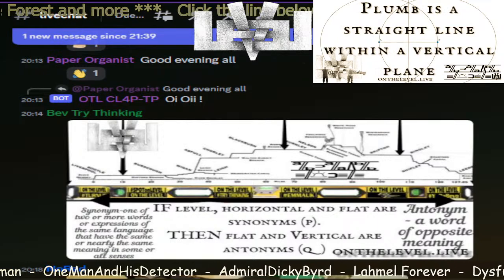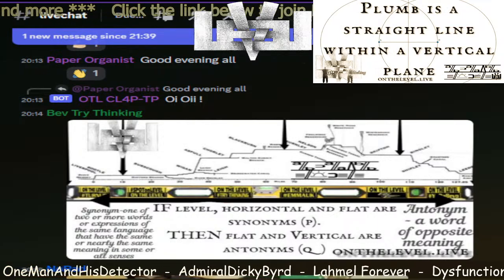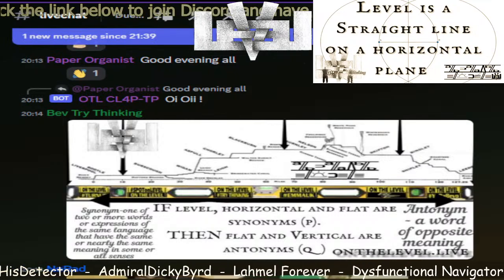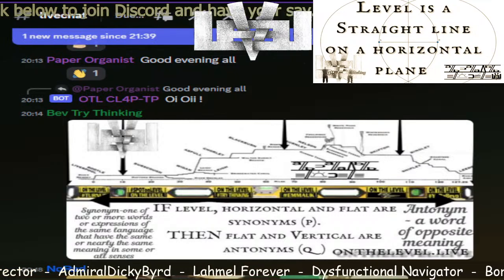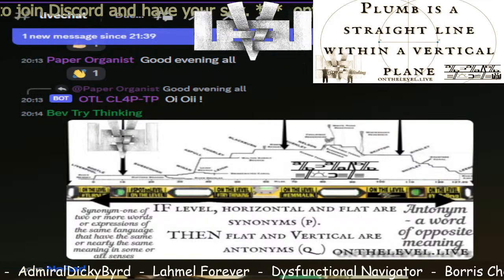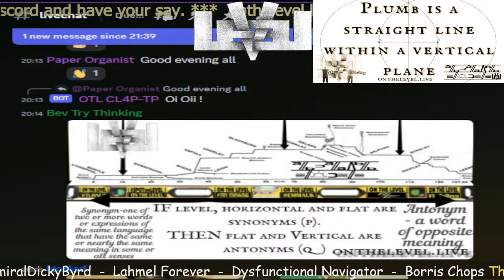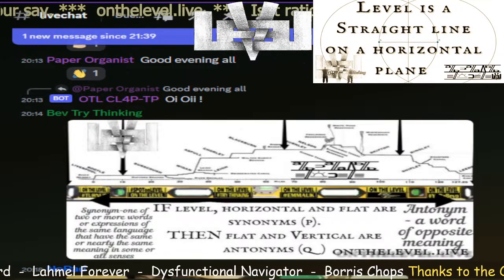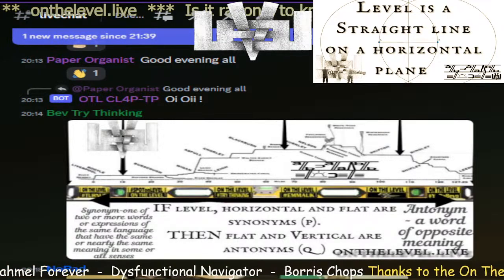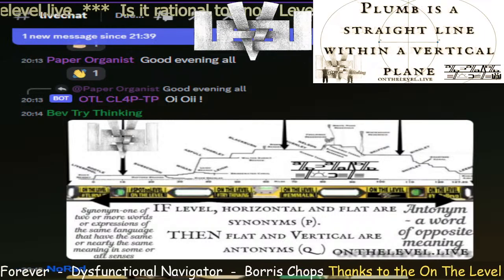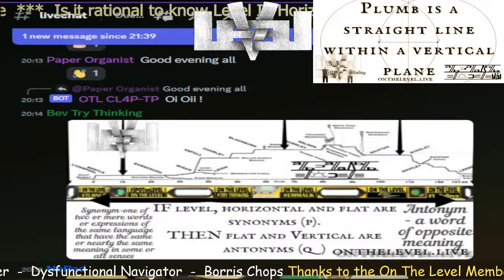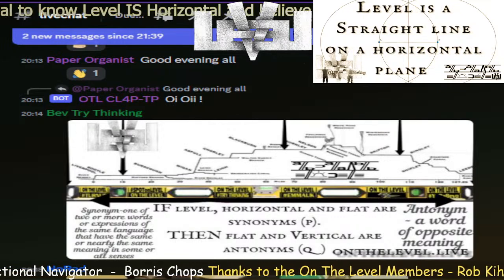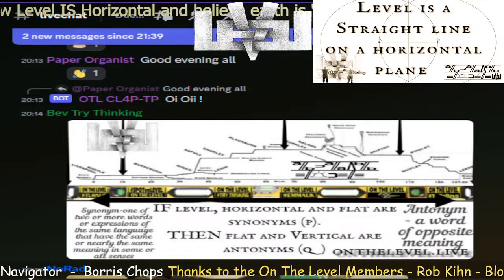Mm-hmm. So I would say that for the sake of argument, I would remove level from this argument. Because supposedly what we are doing is modus tollens. It means that we are denying that flat and vertical are antonyms.